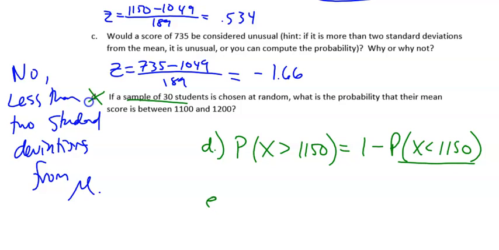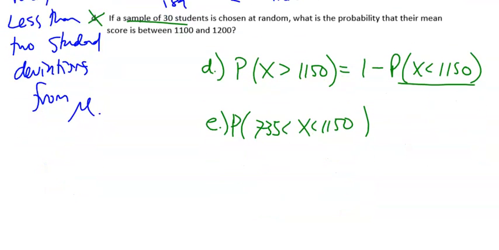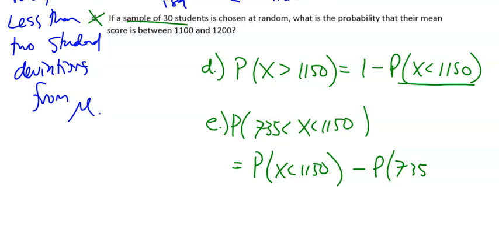What else could I ask you? Between two test scores. What's the probability that I choose one test at random and it's between 1150 and 735? I'd have to find 2 probabilities, or 2 values on the z-score. I would do the less than 1150, and then subtract from that the less than 735.